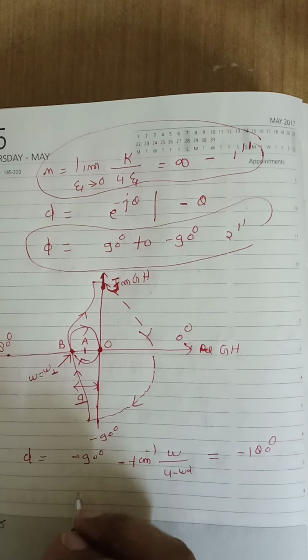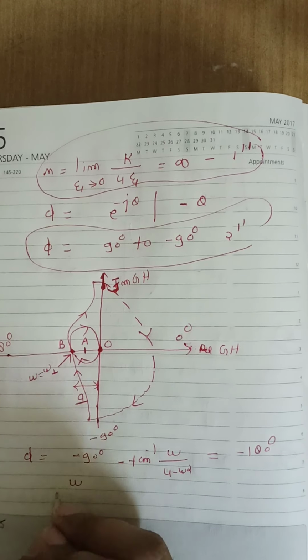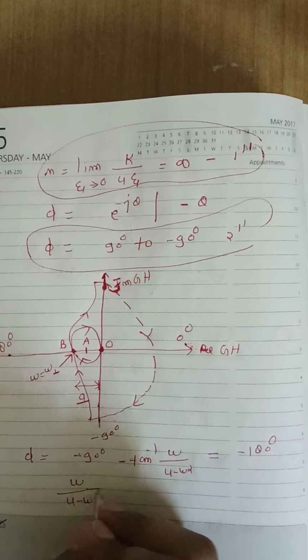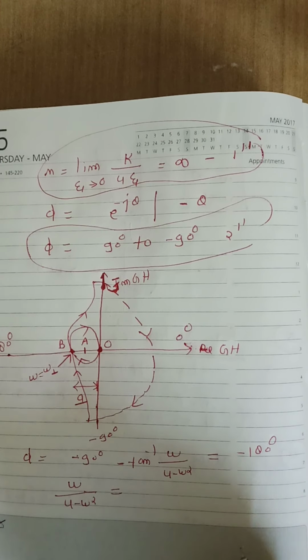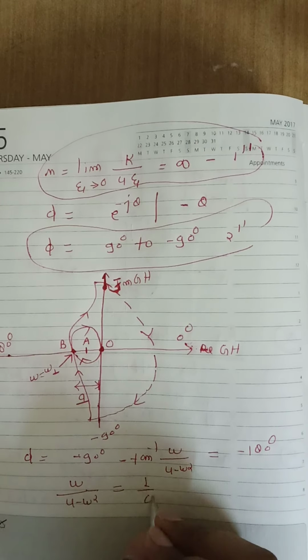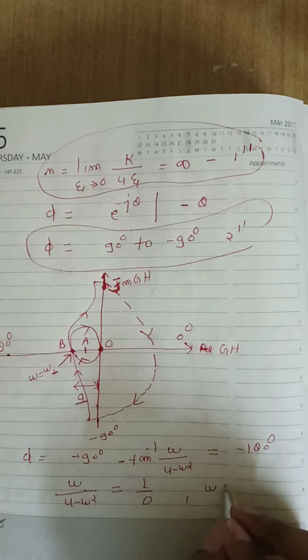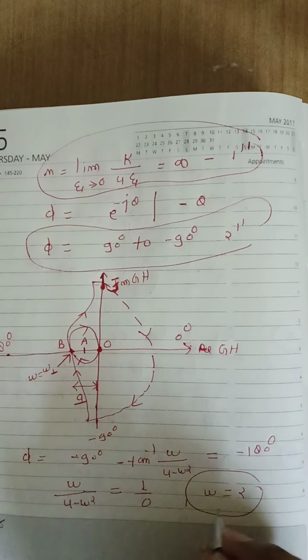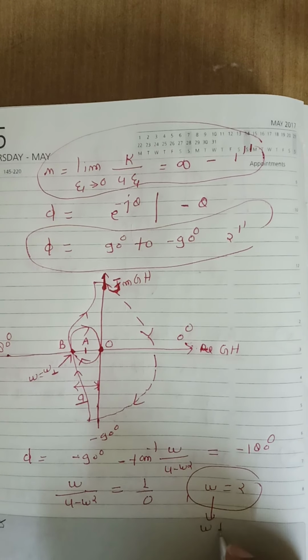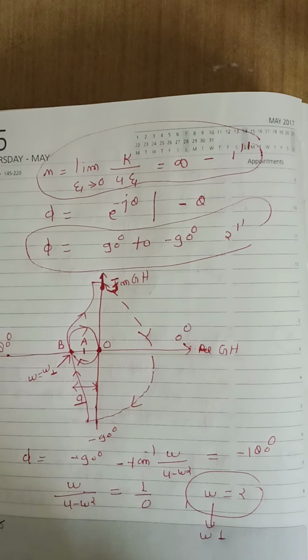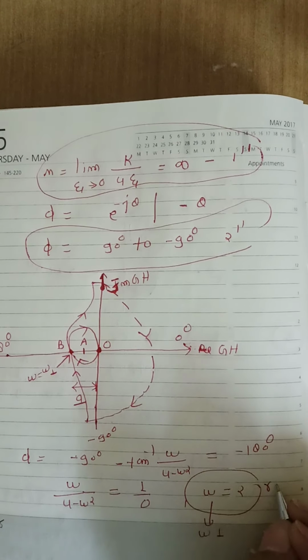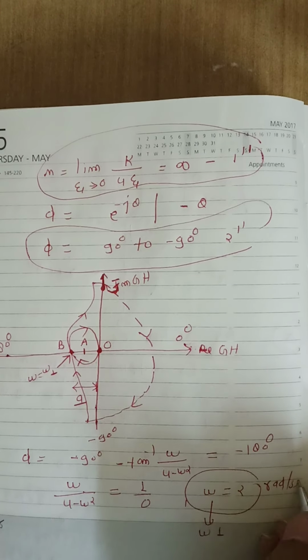If we simplify, we have omega over 4 minus omega square equal to infinity, and we know infinity means 1 over 0. So we have omega equal to 2, means omega 1 equal to 2, because frequency is always positive. So omega is 2 radian per second.